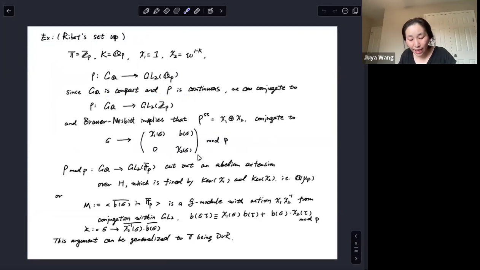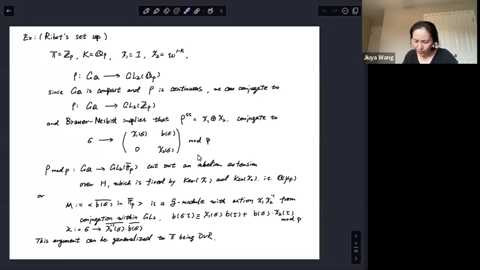Before we access any information of this representation, as long as we know that G_Q is compact and rho is continuous, just knowing that the maximal compact subgroups of GL2(K) are precisely those GL2(T), we are guaranteed to find a model for this representation with T coefficients.